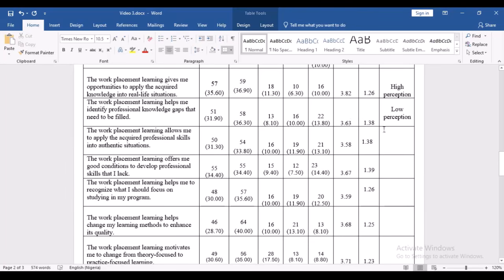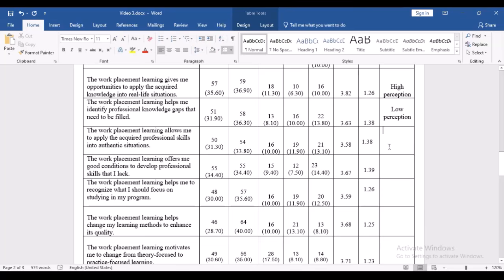So this implies that the majority of the respondents in this particular case do not feel that this applies to them. This is a perception, not really establishing any relationship, but this is what the majority feel. You can say it's the majority because there are other people who still feel otherwise. So this is low perception.